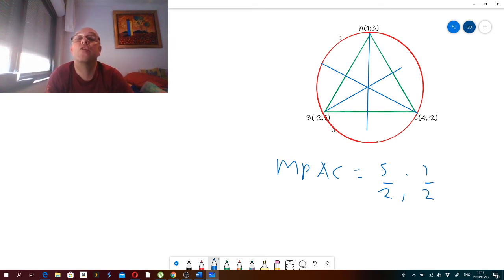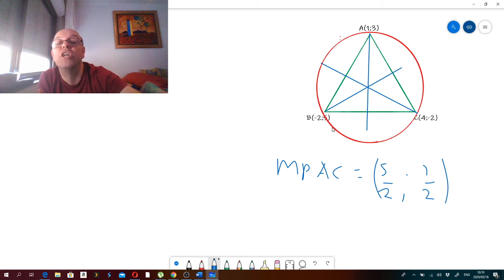Then I'm going to find the equation of the line which goes to that midpoint from B. So we're going to use this midpoint, and we're going to use the point B, which is minus 2, 5. The first thing I'm going to want there is the gradient. The gradient of that line will be change in y over change in x, which is 5 minus a half. 5 minus a half is 4.5, or 9 over 2.